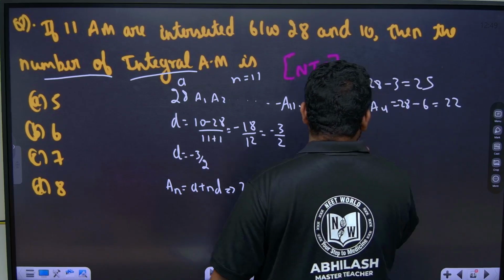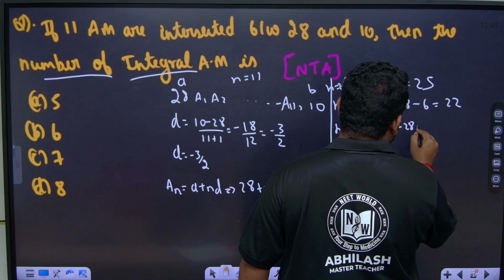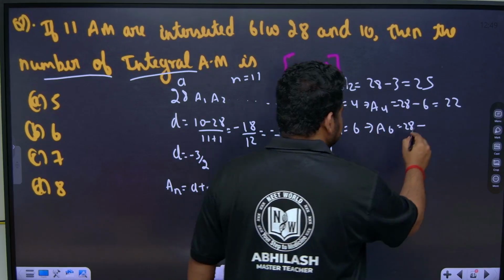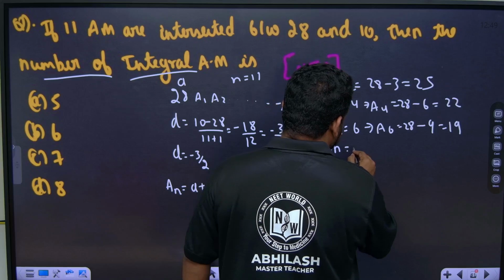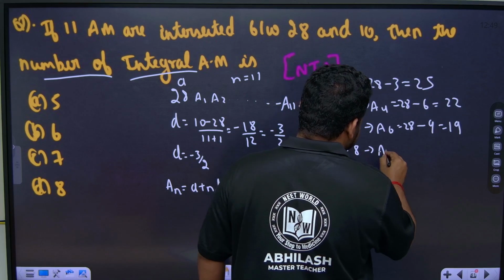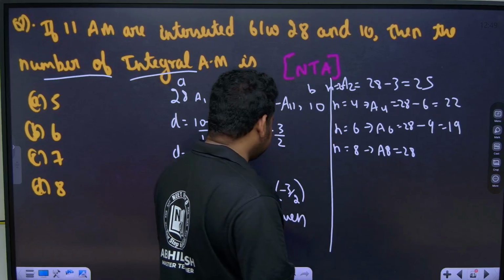Now n is equal to 6, so a6 will be 28 minus 9, which is 19. Now let me take n is equal to 8. So a8 is equal to 28 minus 4 into 3, which is 12.